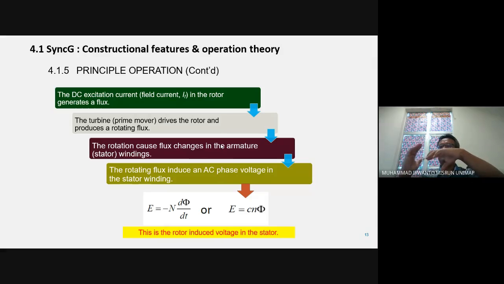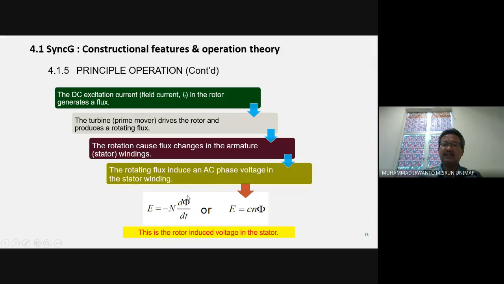Because the stator is also constructed with a winding, when the rotating magnetic field arrives at the winding, it will produce an induced voltage. The induced voltage is given by minus N d flux over dt, or E induced voltage equals minus N multiplied by the change of flux.